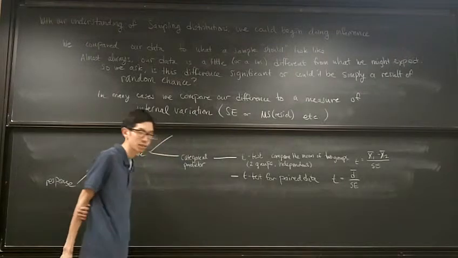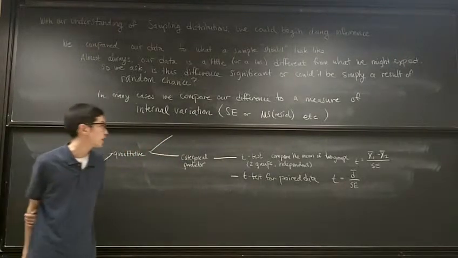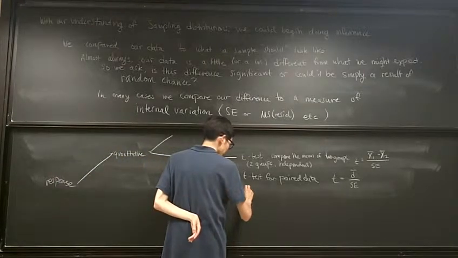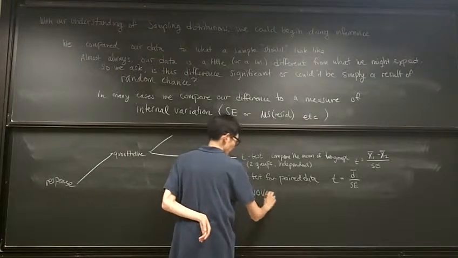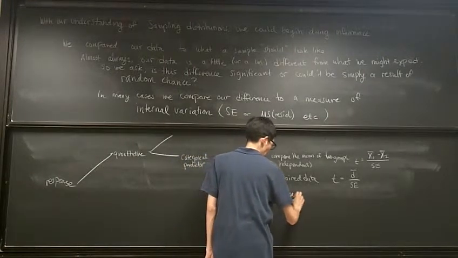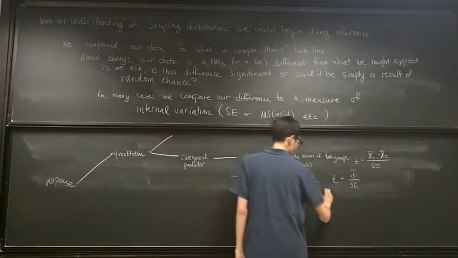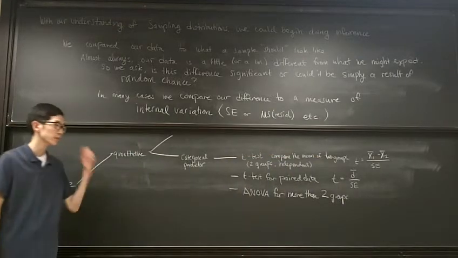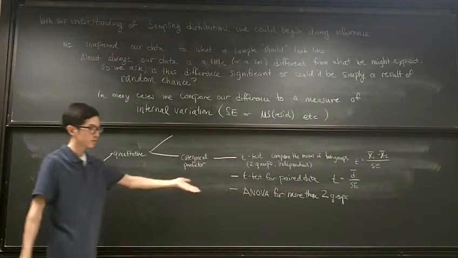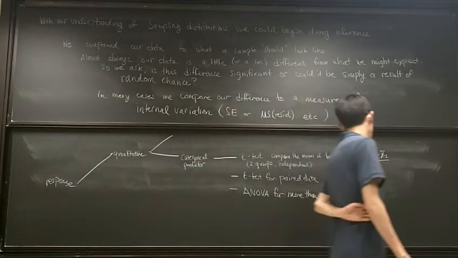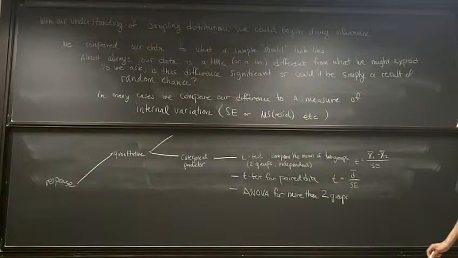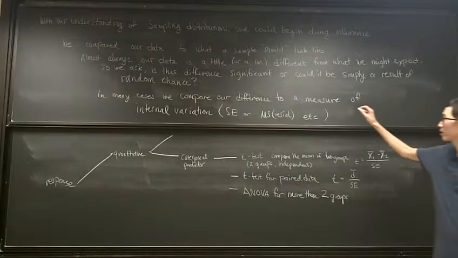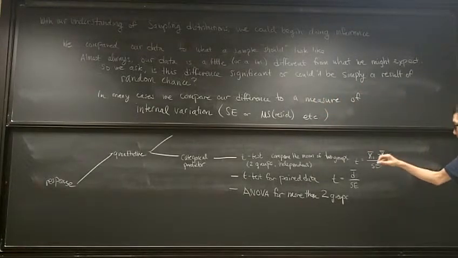Okay, and this was fine and dandy when we had two groups. And then if we had more than two groups, then we had to do ANOVA. And basically, we had to compare what we were expecting to what we got.